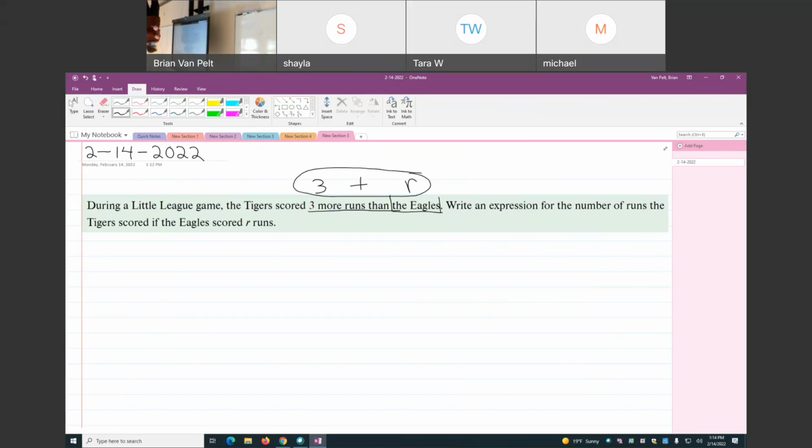The hardest part of word problems that I've heard from students over the years is coming up with an equation to solve the problem. You read these things and they get lost in all the words. And it's hard to figure out what maybe they're even asking you to come up with. So this would never be an answer to a question, but this might be part of the solution.